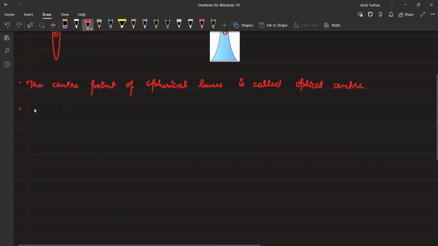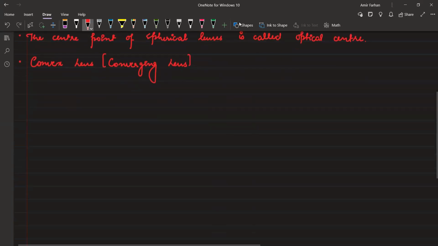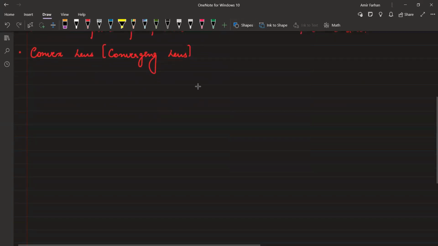We are doing the convex lens first. This lens is also called the converging lens.